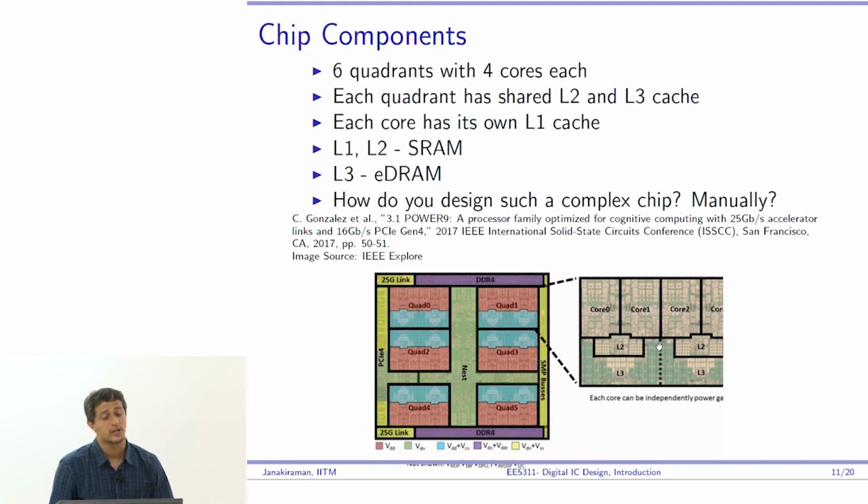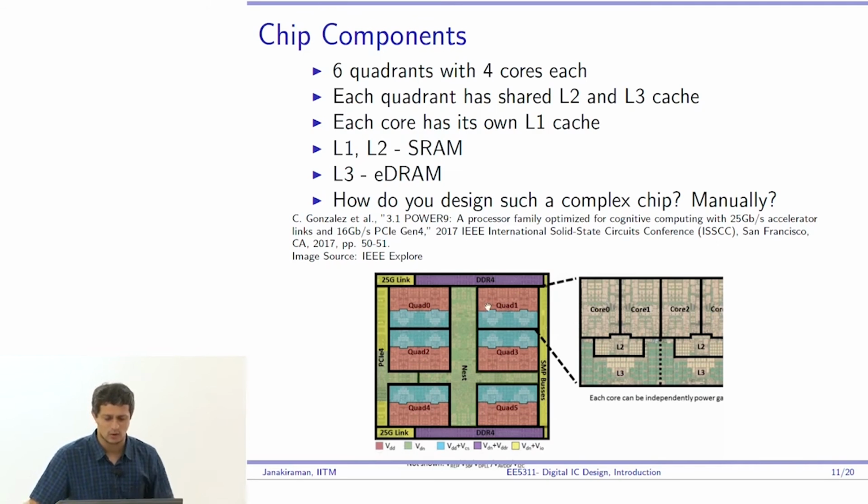And what's not shown here is in each core you have an L1 cache. So it's actually more than 50% of the area that is allocated to memories in terms of caches in today's microprocessors. Okay, so a small portion of this is actually the compute element, which is the ALU. Very small portion, right?